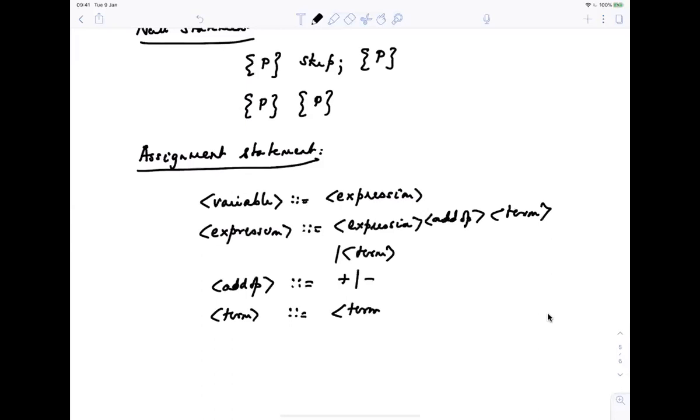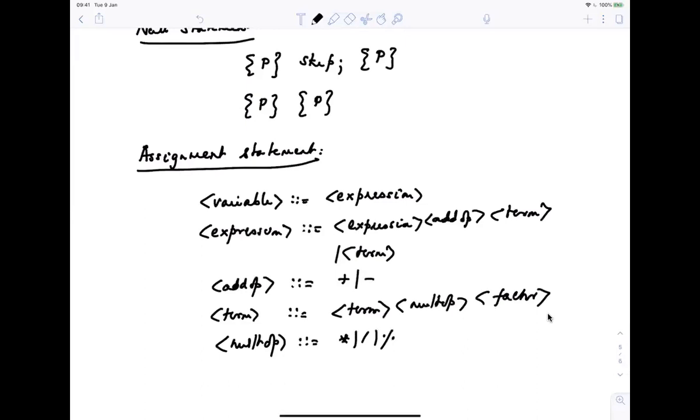Term is factor, multop, factor, and multops, let's say if you're writing it in C, are star, slash, percentage, and factor is essentially a variable name or a number.